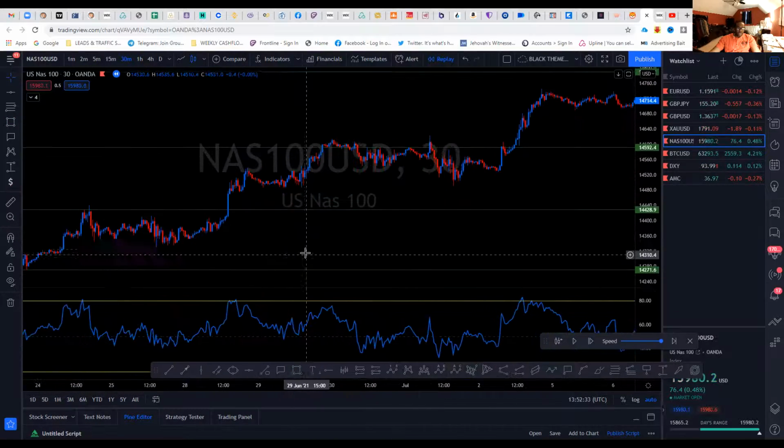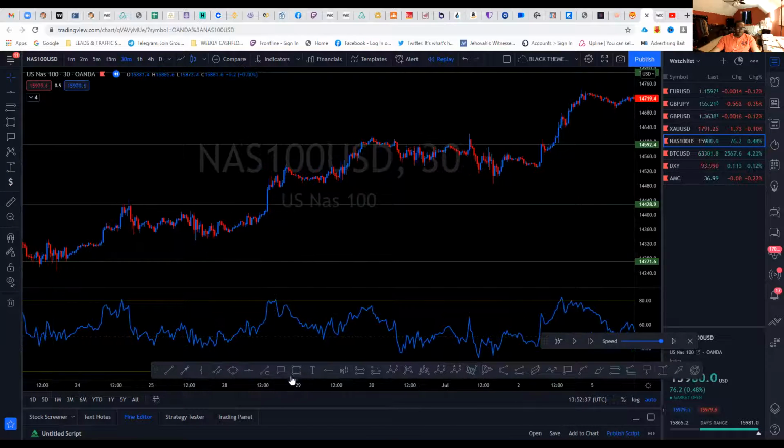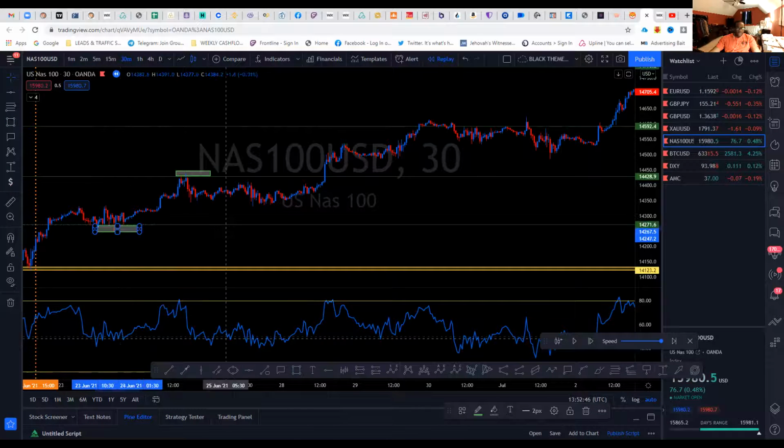And then there'll be one here. All right. So basically what I'm doing is just marking up the market structure. Now I'm going to change the coordinates of these and move on to the 1 hour. Be right back.